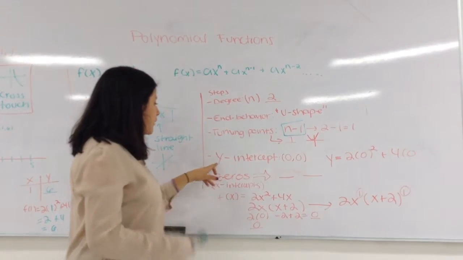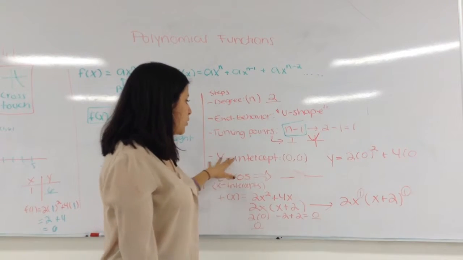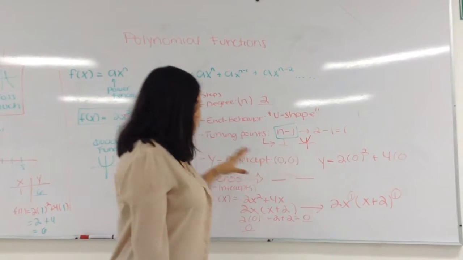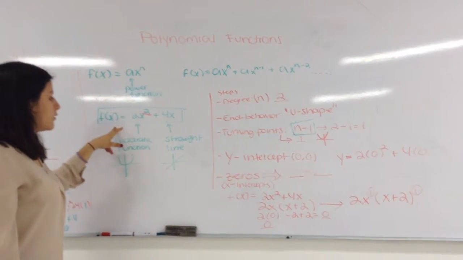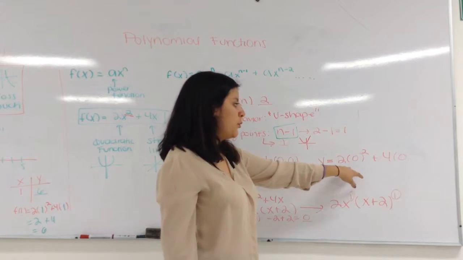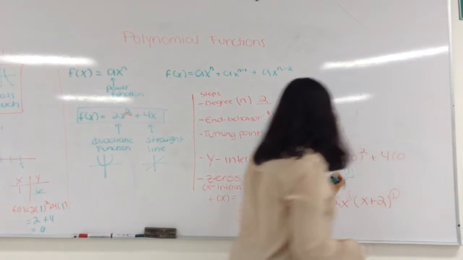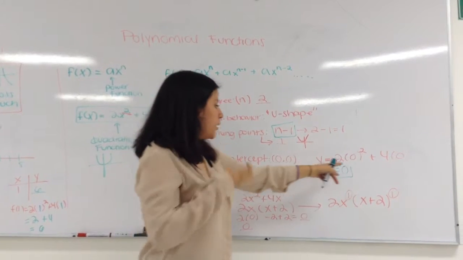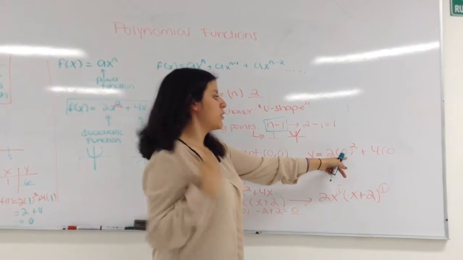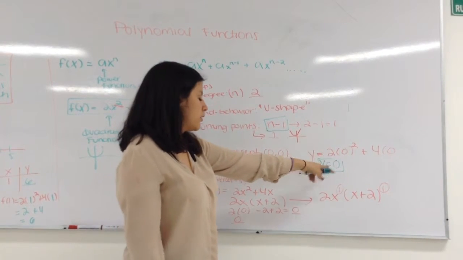Then we have the y-intercept. To know the y-intercept, we substitute x equals 0 in our function. And so we substitute the x with 0, and all of this gives us 0.